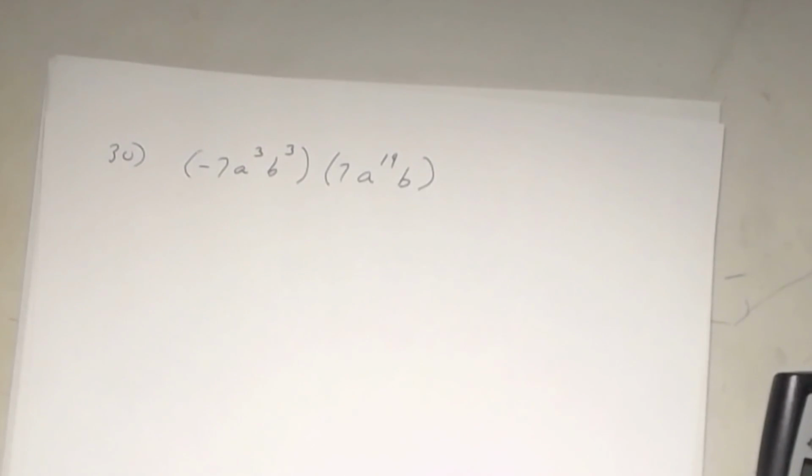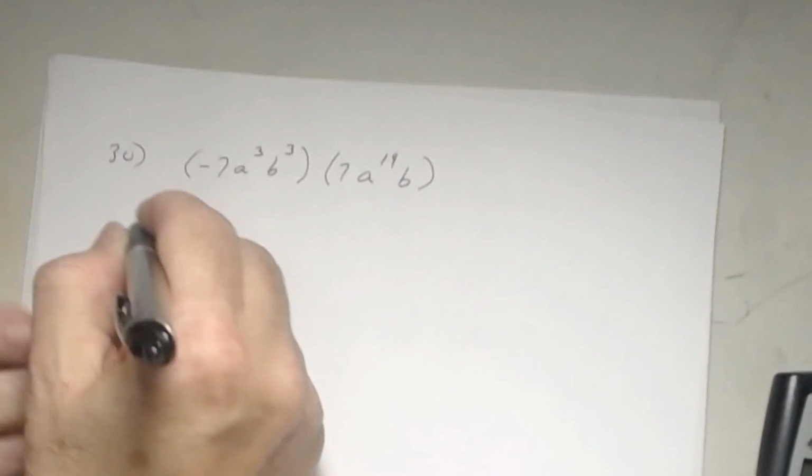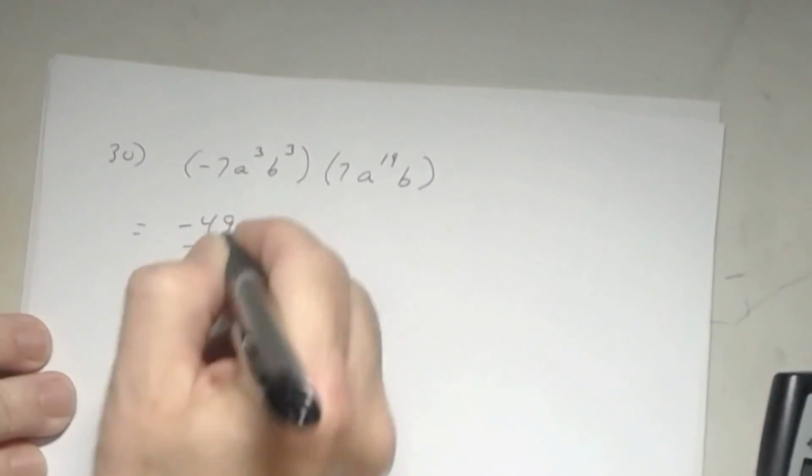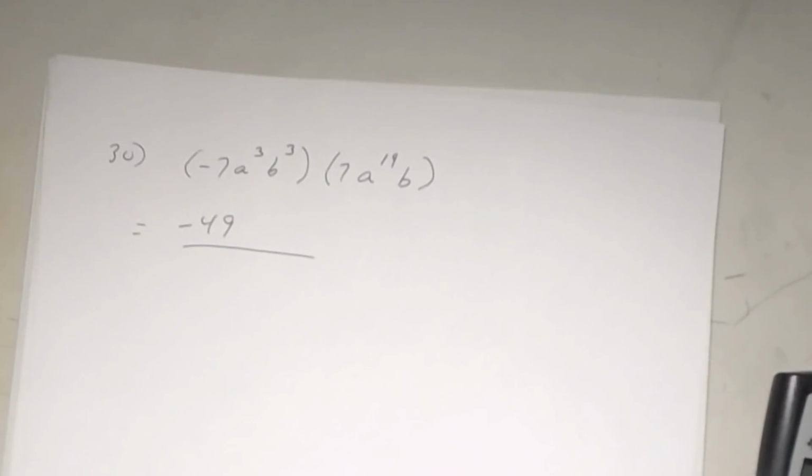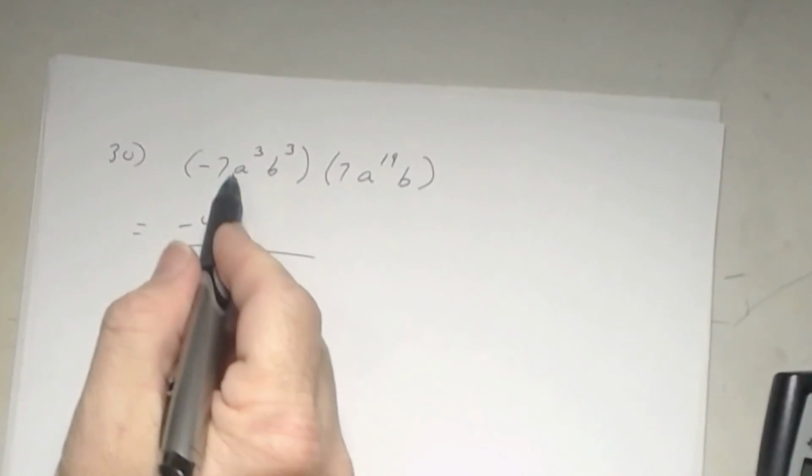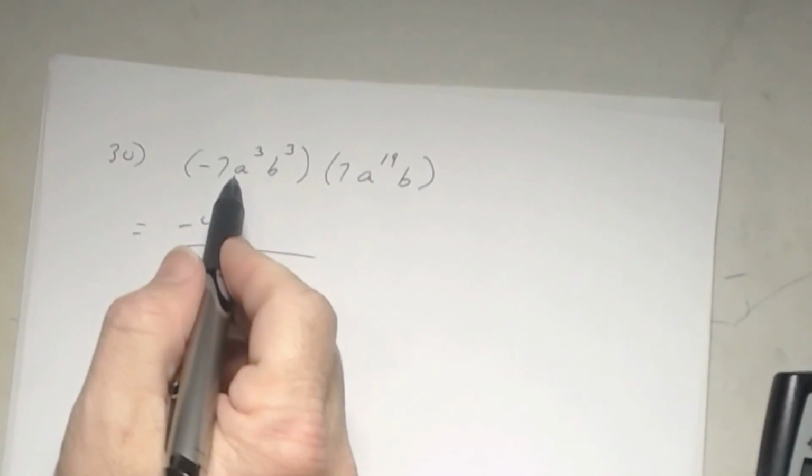So when you do the coefficients, what's the coefficient of that first expression? Negative 7. What's the coefficient of the second expression? 7. What do you get when you multiply them? Negative 49. So in the blank, you're going to have a negative 49. Now deal with the variables. The first factor is a.